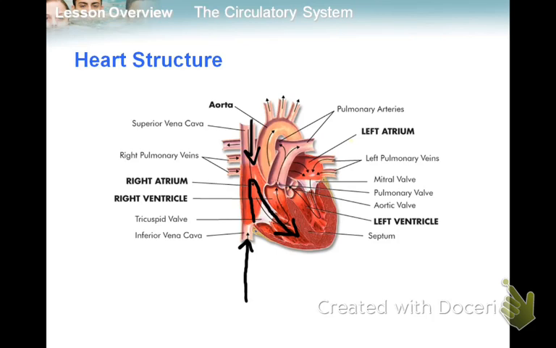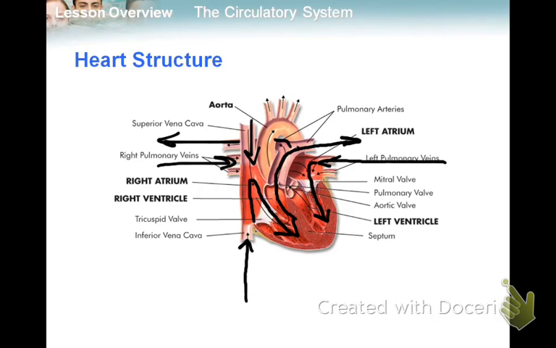That contracts, the blood goes out into the lungs through the pulmonary artery, picks up oxygen, drops off wastes. Blood comes back through the pulmonary veins, enters the left atrium, goes to the left ventricle, heart contracts, blood is forced out of the aortic valve into the aorta, delivers oxygen to the rest of the body.